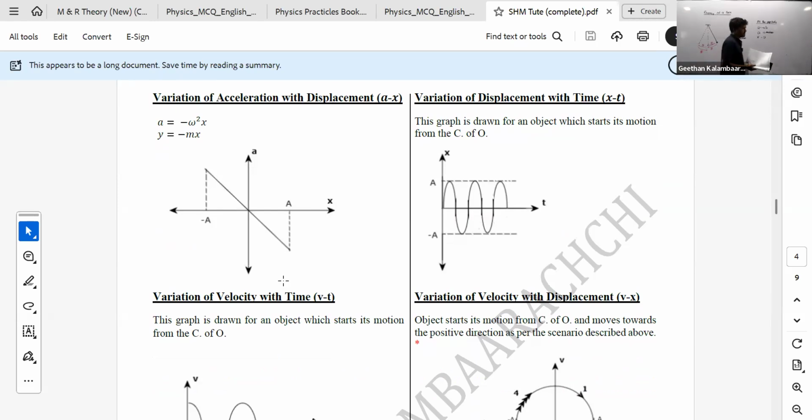Displacement with time. Simple harmonic motion.